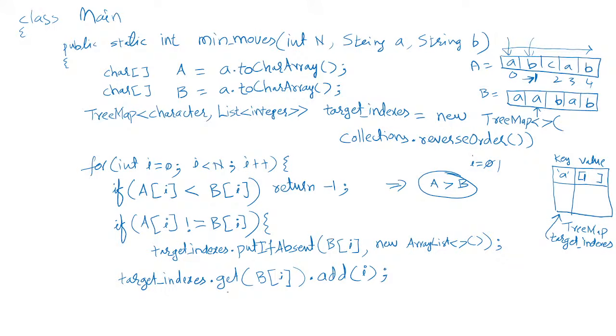See, up to this part you get B of I, which means the key. With key A, whatever value is present in the dictionary is returned. That is nothing but the empty array list from before.